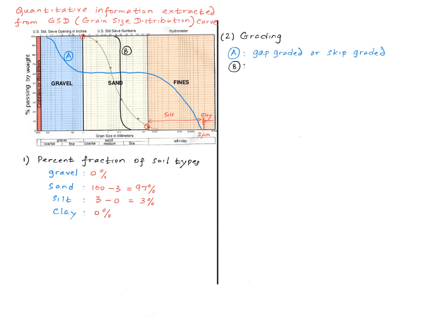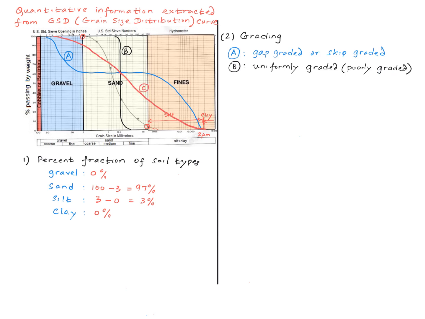Say we have another soil whose grain size distribution curve is given by curve B. So what do we see here? First, we see that 100% of the soil is sand and its diameter lies within a very narrow range. In other words, it's a uniform soil. So we call this a uniformly graded or poorly graded soil.